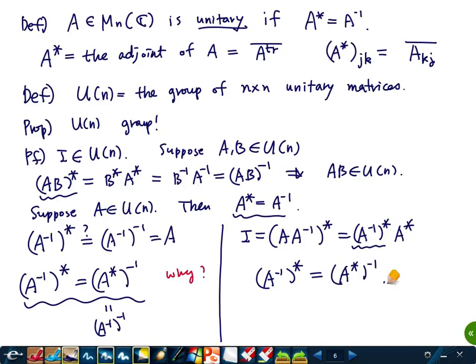Okay, then the question is, okay, it's a group, a subgroup of GL_n because everything is invertible. Is this a matrix Lie group? To answer that question, let's look at an equivalent definition.